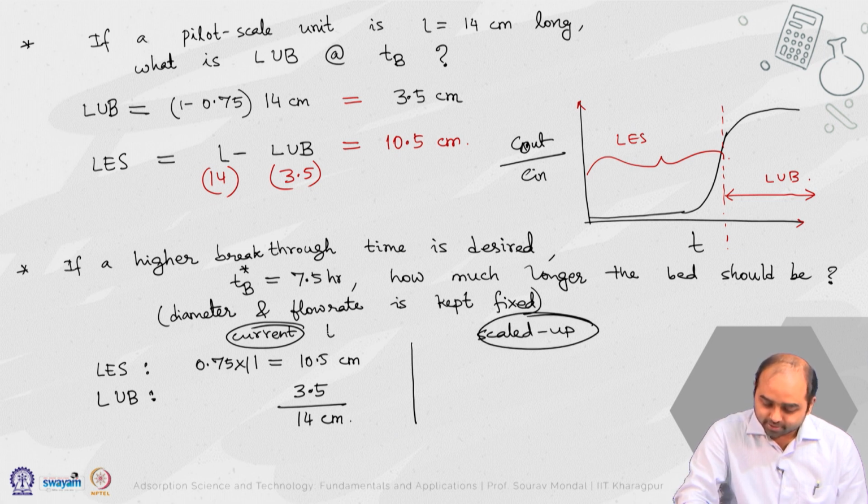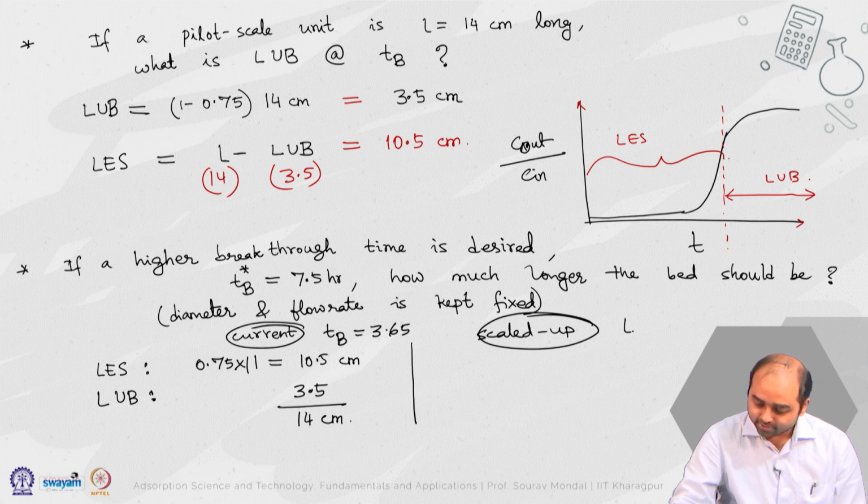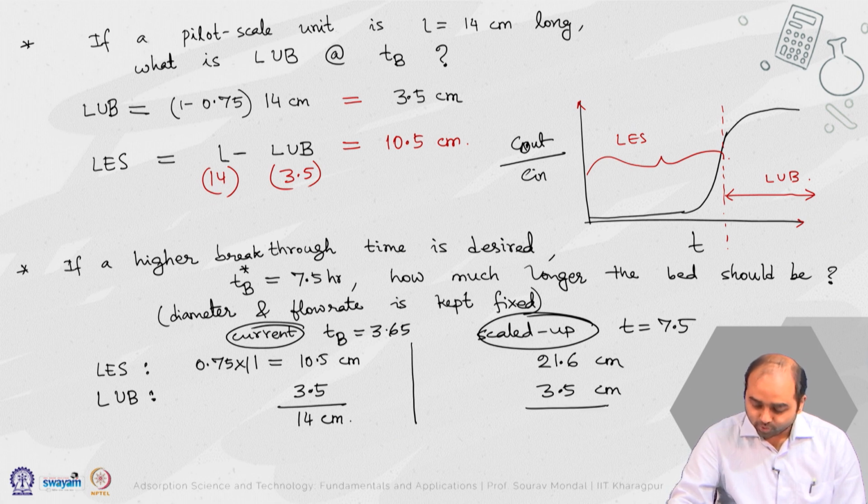This is for the case when the breakthrough time is 3.65 and this is when the breakthrough time is 7.5. In this case the LES is 21.6 centimeter, LUB stands at 3.5 centimeter. The total bed length becomes 25.1 centimeter.